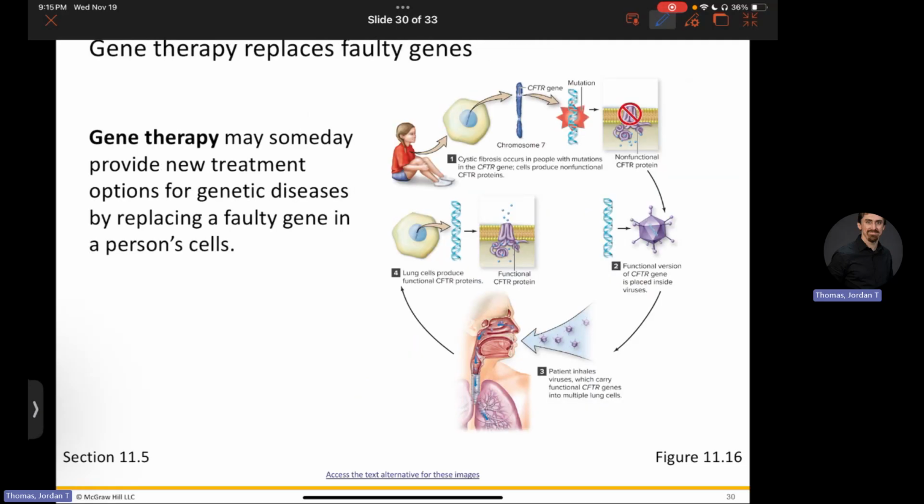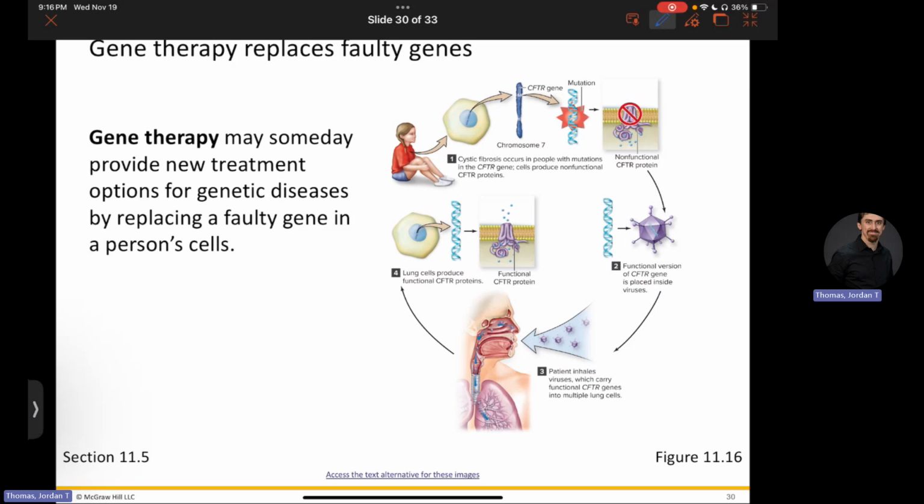The last thing we're going to look at is gene therapy. Gene therapy replaces faulty genes. Gene therapy may someday provide new treatment options for genetic diseases by replacing faulty genes in a person's cells. So the goal of gene therapy, and this is a growing DNA technology.